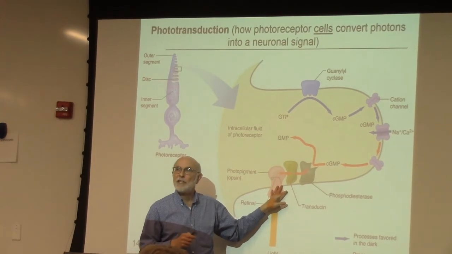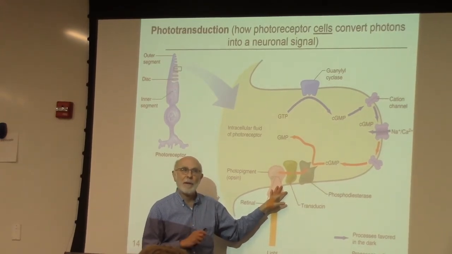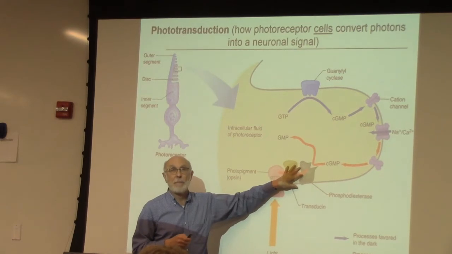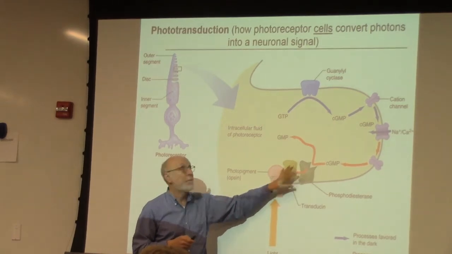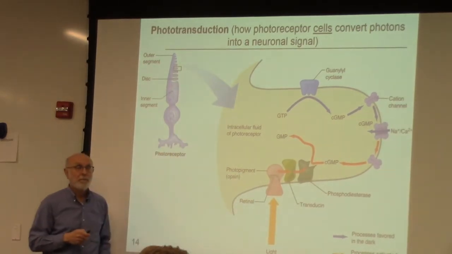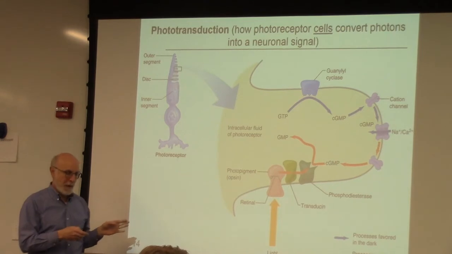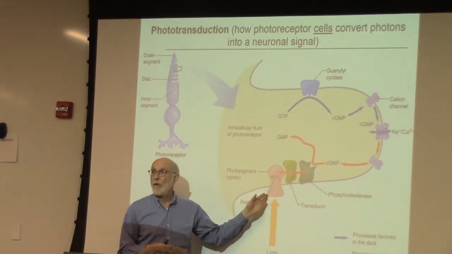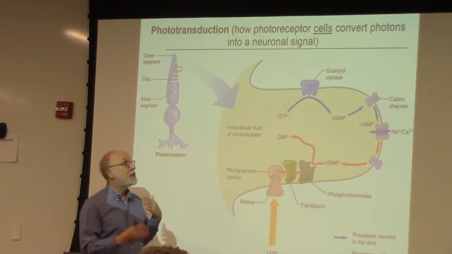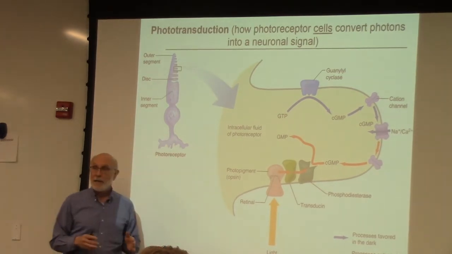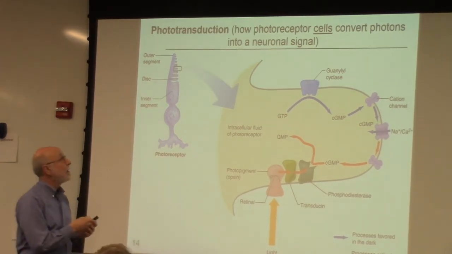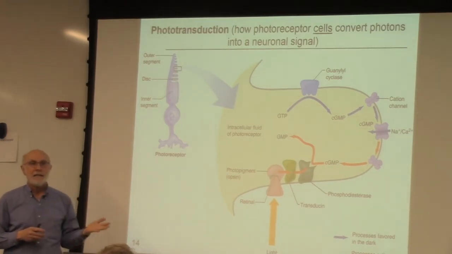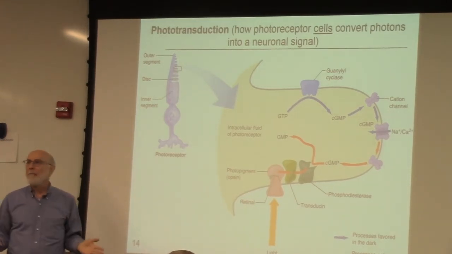But in order to tell the G protein story, I have to back up. This is what happens when light hits that opsin in that part of that cone. But I have to back up because we have to tell what happened in the dark before the light hit that retinal. In the dark, in these cells, there is an enzyme called guanylyl cyclase that is working all the time.